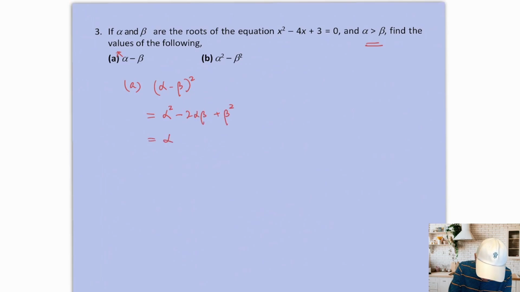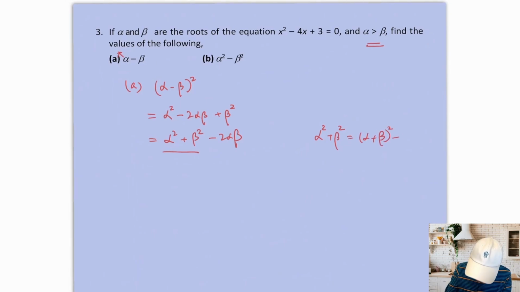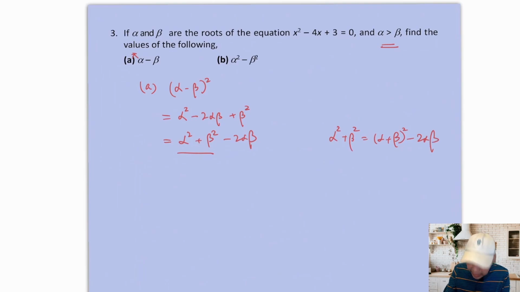And we rewrite them: alpha plus beta square minus 2 alpha beta. We arrange them this way because alpha square plus beta square is equal to alpha plus beta square minus 2 alpha beta. You can substitute them in the place of the underline.